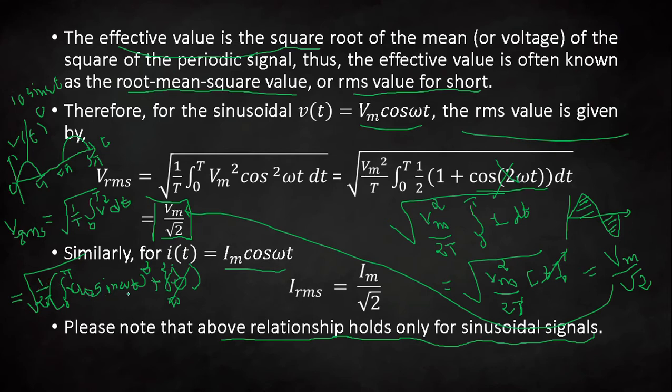The sine square omega t will be there, you take the integration, put the limits, and take the square root, and you will have the RMS value of the voltage or current. So you can directly find the RMS voltage and current if and only if your signal is sinusoidal, using Vm by root 2 and Im by root 2. In case of a non-sinusoidal signal, you have to follow the same procedure.